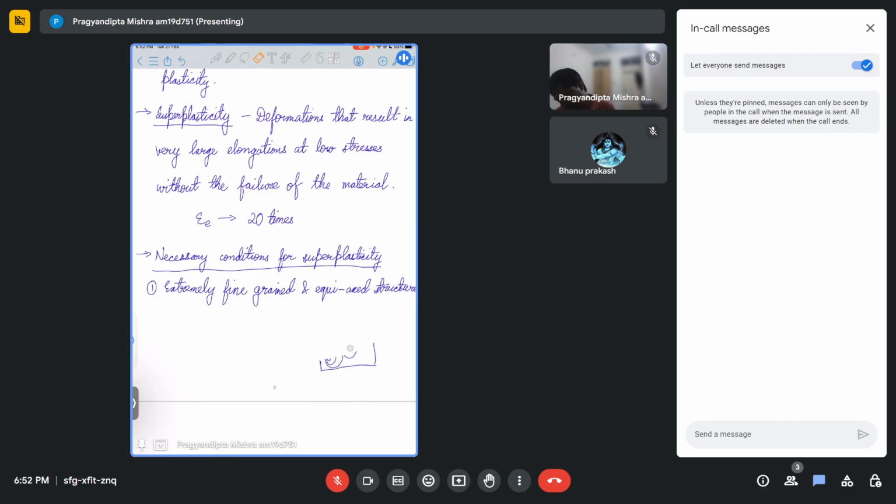So this is one necessary condition that you have to keep in mind. Another, which we have already talked about, is that temperature should be relatively high.